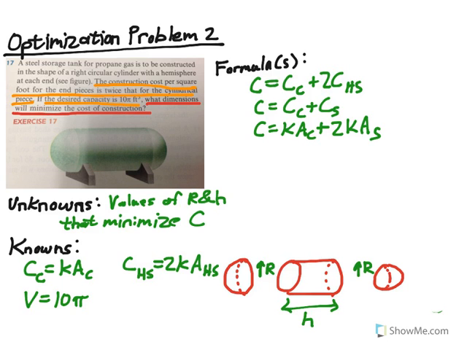Either way, it's fine. However, if you look up areas, you'll usually find areas for spheres, but you won't find areas for hemispheres. So this works easier based on our table of knowns.